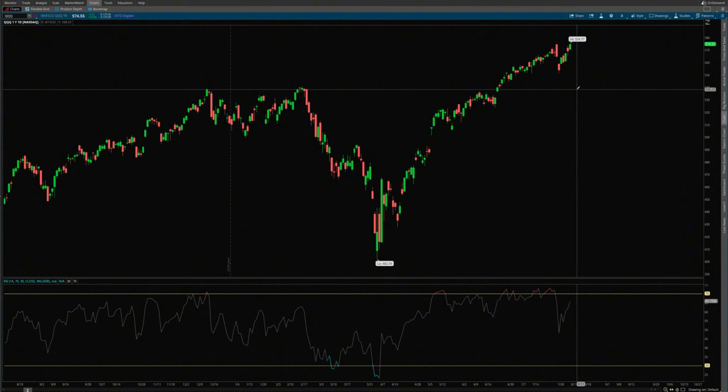The relative strength index, which I have below here, measures the speed and change of price movement. There's many momentum indicators that exist out there. We are going to be going into detail for most of them and how to use them and the differences between them in the momentum lecture.